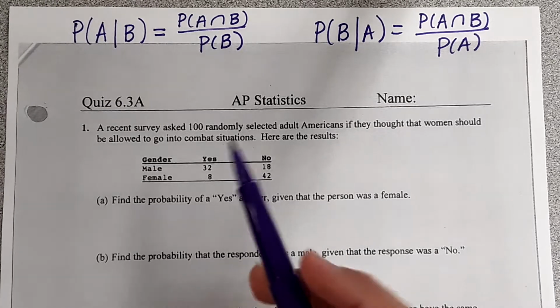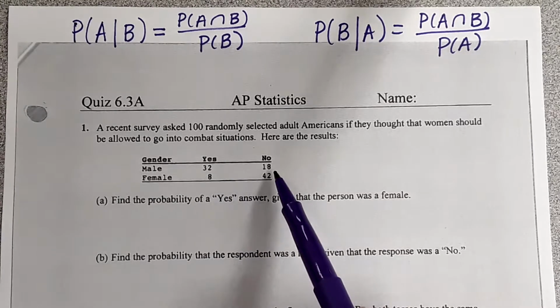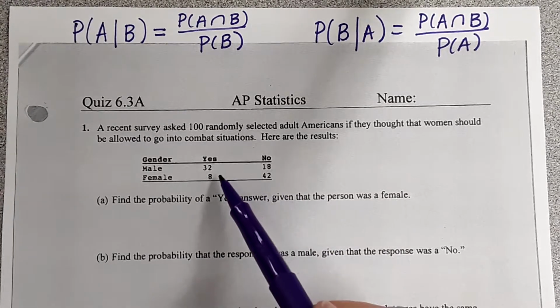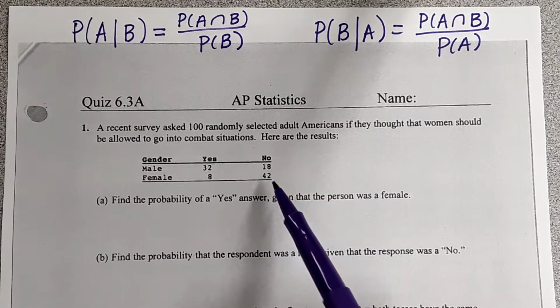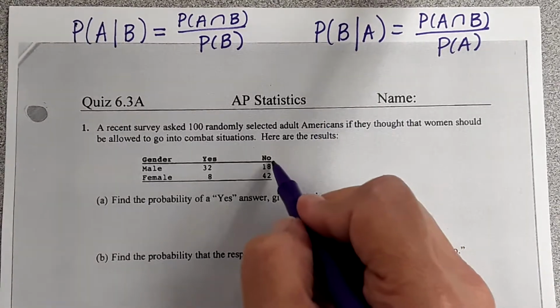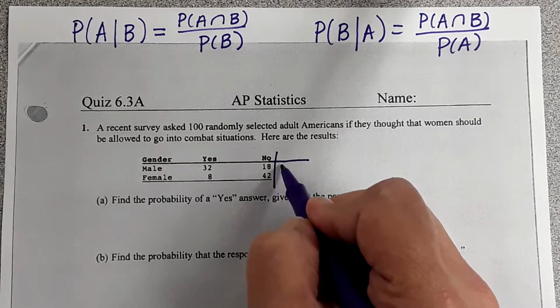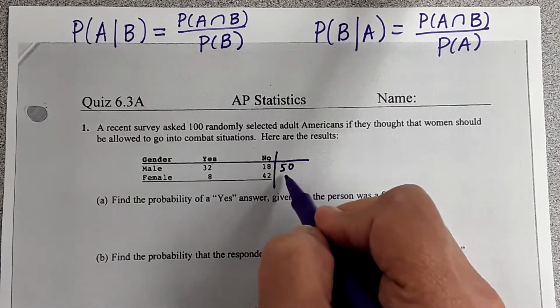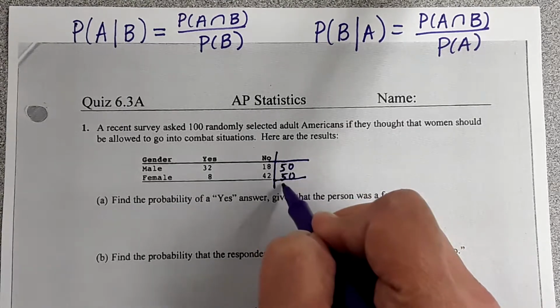Here are the results. So 32 men said yes, 18 said no. 8 females said yes, 42 females said no. So how many men were there? 50. How many females? 50. Okay, which should be 100, right?